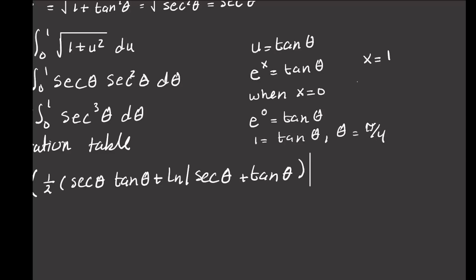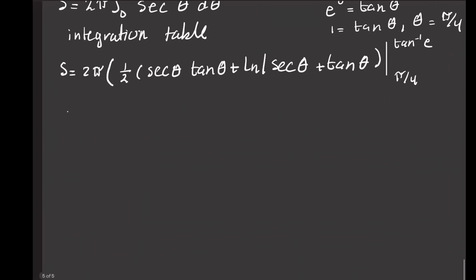When x is equal to 1, I would have e to the 1 equals tan of theta. So theta is equal to tan inverse of e. So after I have my new limits, I set the conditions. It's going to be from pi over 4 to tan inverse of e.